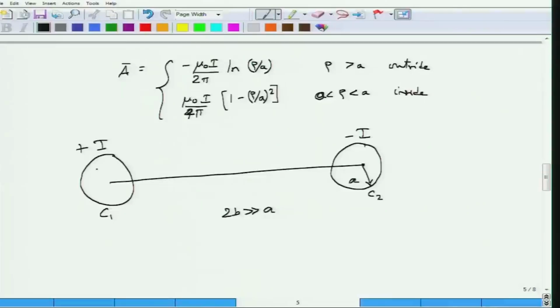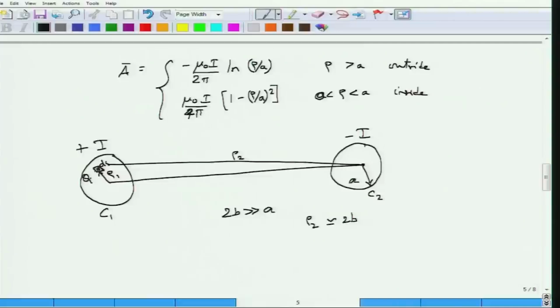So, the contribution at any point or any cross sectional area that you consider will have two components, one internal A field and an external A field. Okay. So, let us locate this point at a distance of rho 2, but because we have assumed that the center to center spacing is much larger than A, rho 2 is approximately 2b, and to find the vector potential appearing at this point, let us call it point Q.